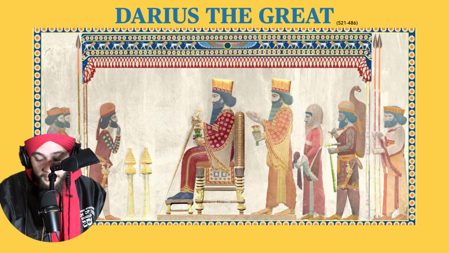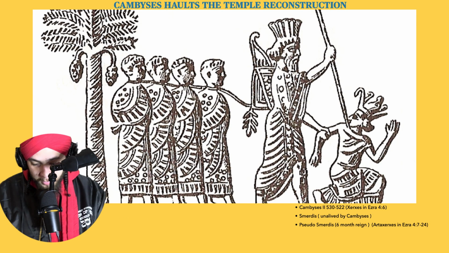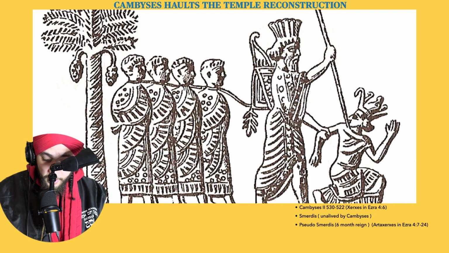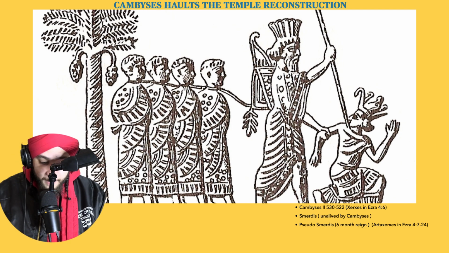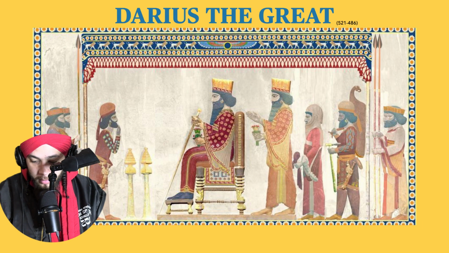So Cambyses is the one who stopped the construction of the temple and oppressed brothers such as Ezra, Nehemiah, Zerubbabel, who was a direct descendant of King David, Joshua the high priest, who was the high priest at the time, and so on and so forth, right? He dies, right?